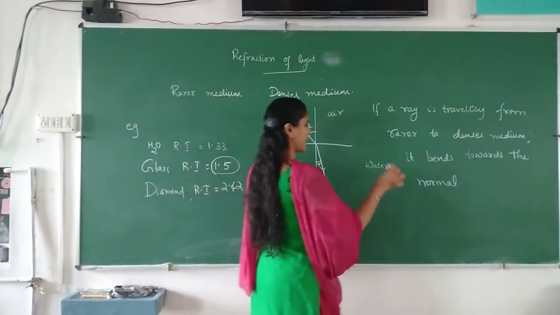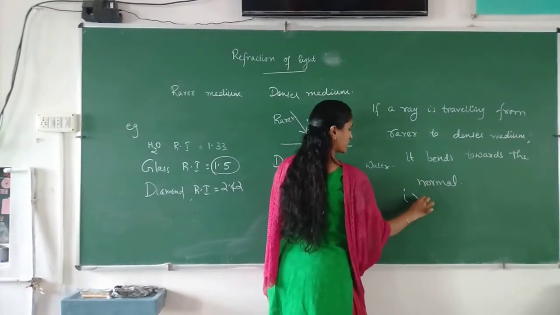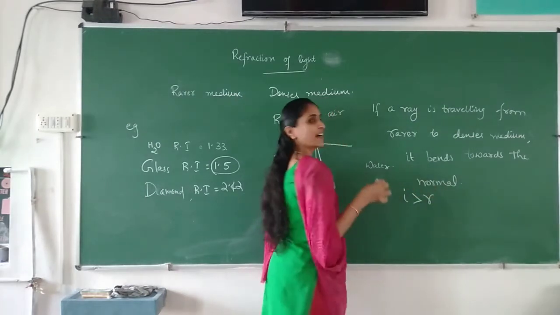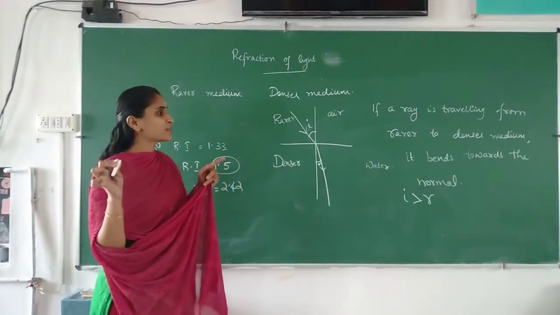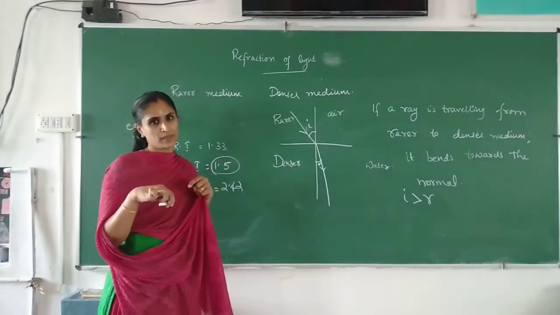Or in other words, the angle of incidence will be greater than the angle of refraction. This is the case of light traveling from rarer to denser medium.